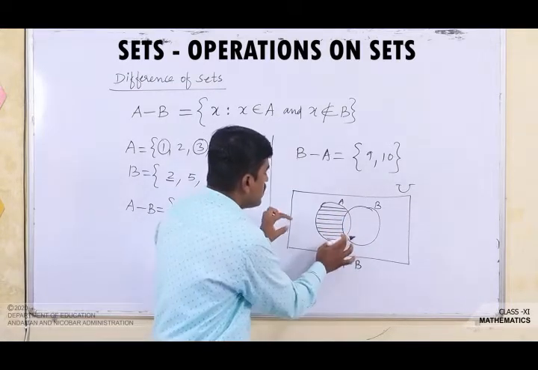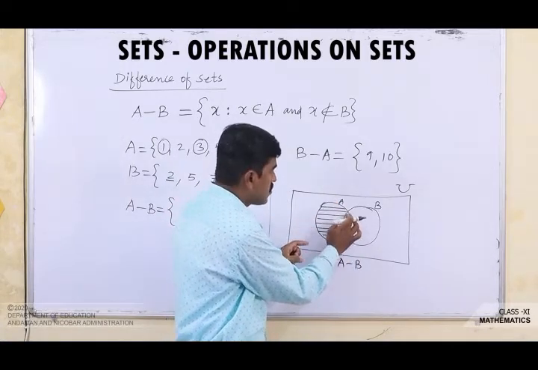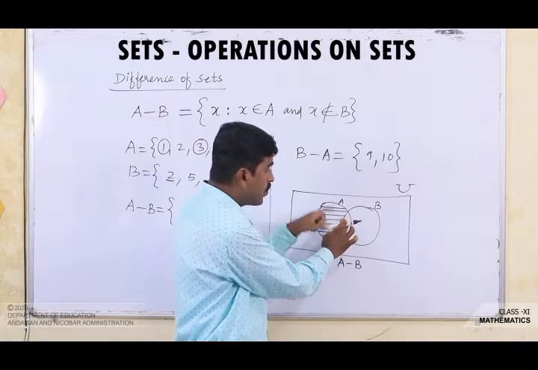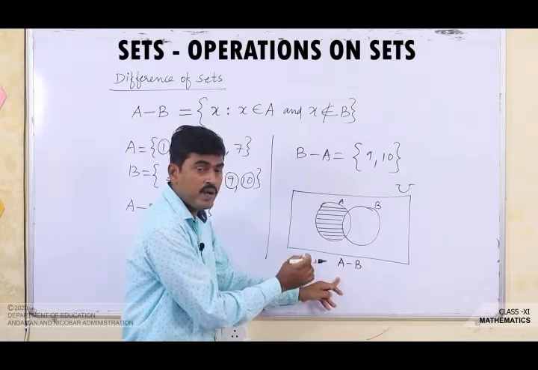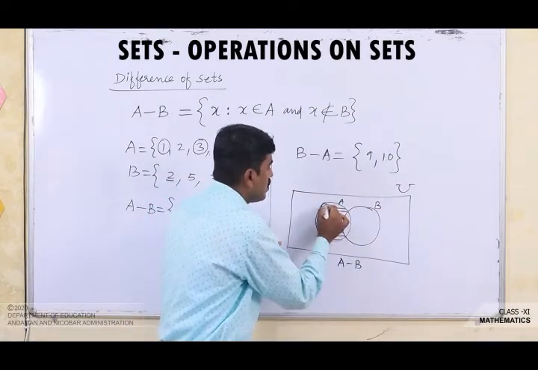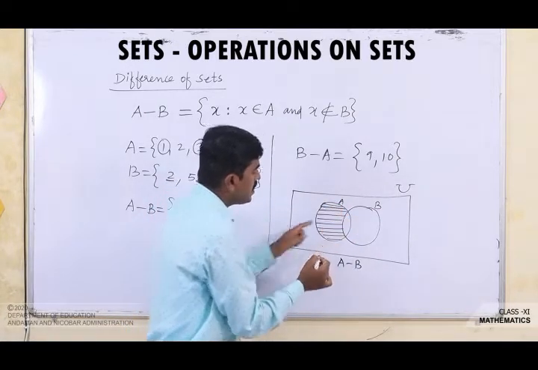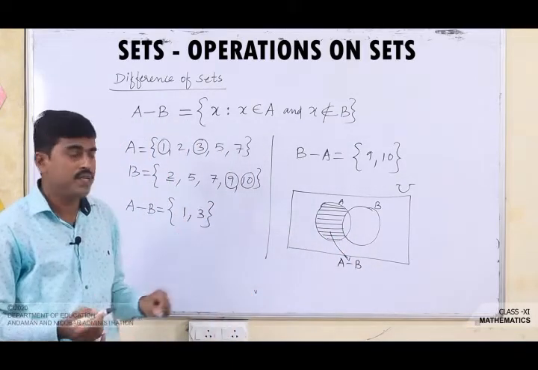Because this region is the portion where A and B intersect, the region which belongs to both A and B. So we have to write the elements which belong to only A but not to B. That means this shaded region represents A minus B.